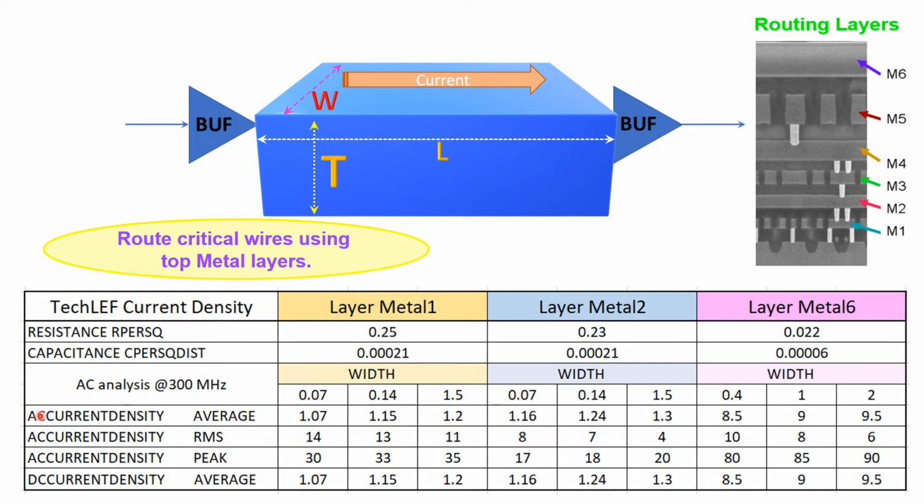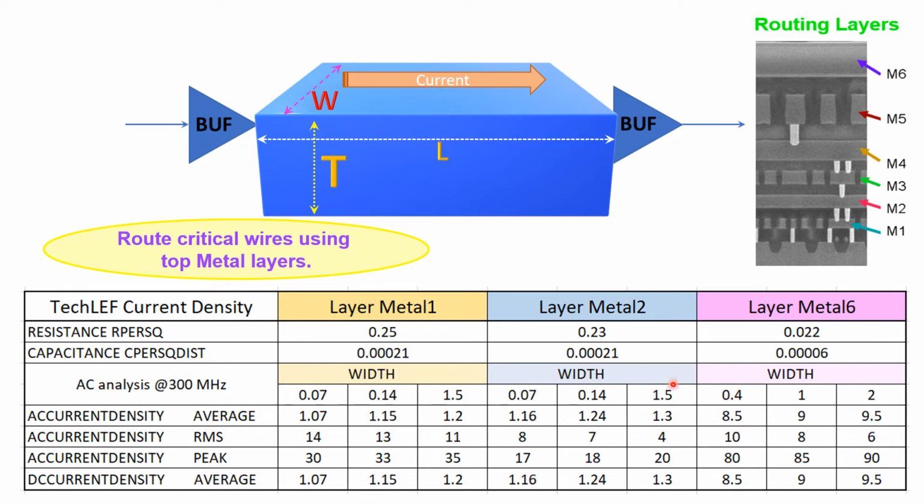These are for AC current: average, RMS and peak. These are all AC current density, and there is one more for DC current density, which is for average. This is for metal 1 layer with different widths, here it is for layer 2 with different widths of metal 2, and here it is layer 6 with different widths.